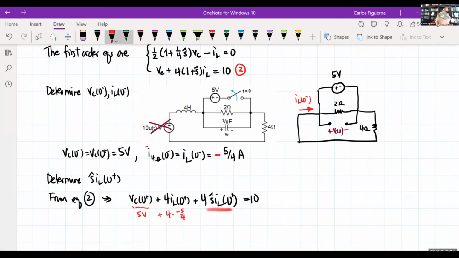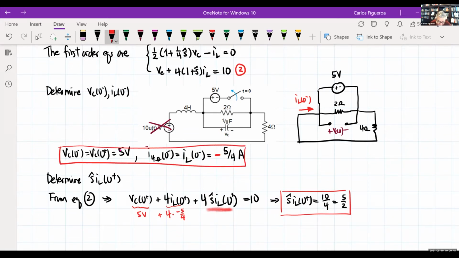And you could see that these two terms are going to cancel each other out. So these two sum to 0. So then that tells me that S hat IL of 0 plus should be 10 over 4 or 5 halves. So I now have my other initial conditions. So I have my initial conditions right here.